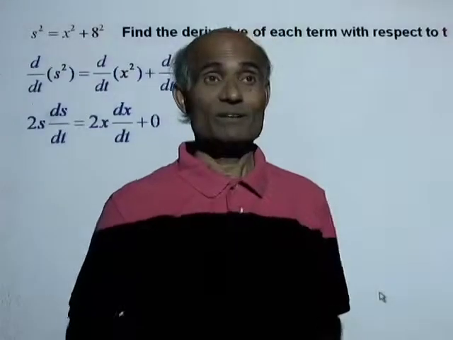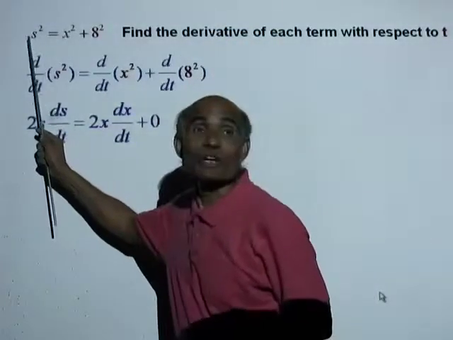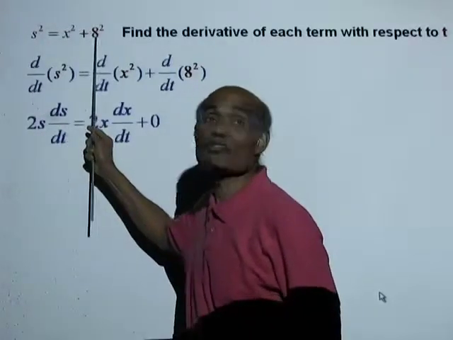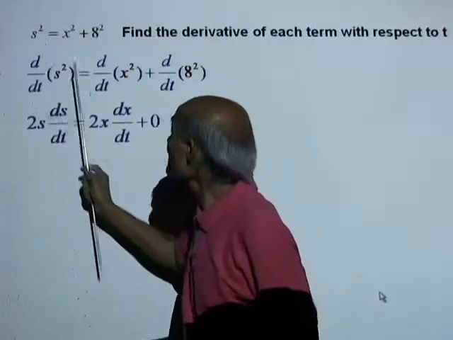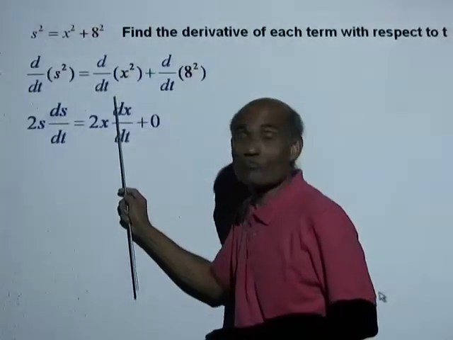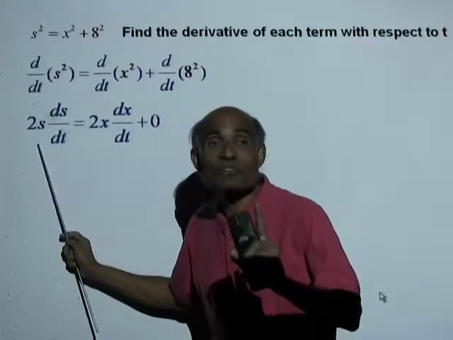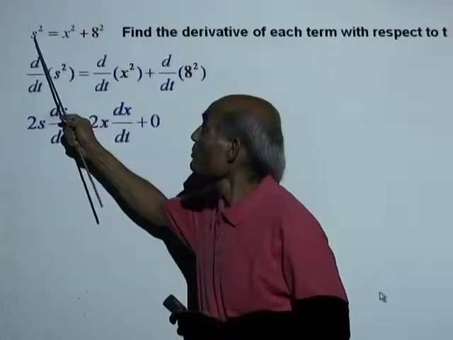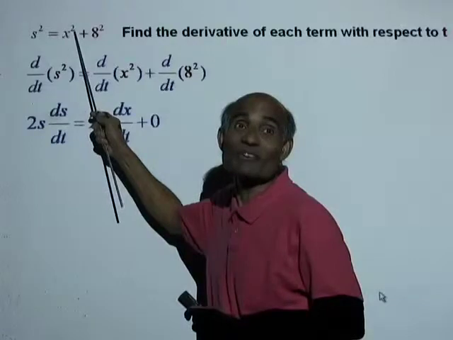Well, if you go back to our diagram, in this relation, s squared equals x squared plus 8 squared, remember, we want to find dx by dt when s equals 15. So go back to that equation, replace s by 15 and find the value of x.